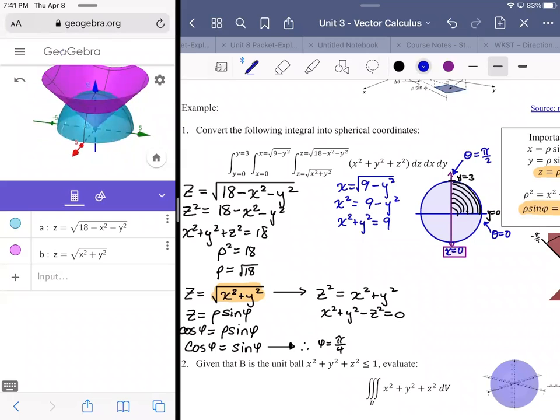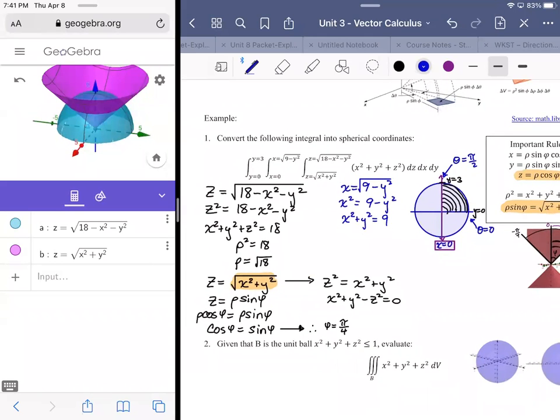If you're in doubt of that, substitute 0, 0, 0 into the cone equation in rectangular coordinates, and make sure it checks out, and it does. So 0, 0, 0 is a valid point, and therefore we can assume that the smallest value of rho is also 0.